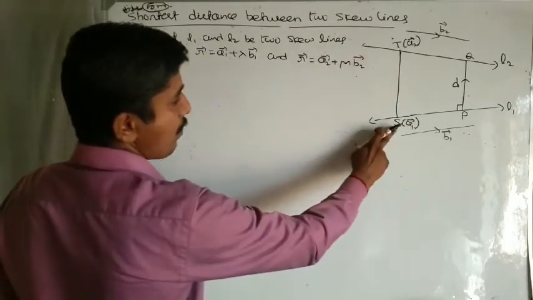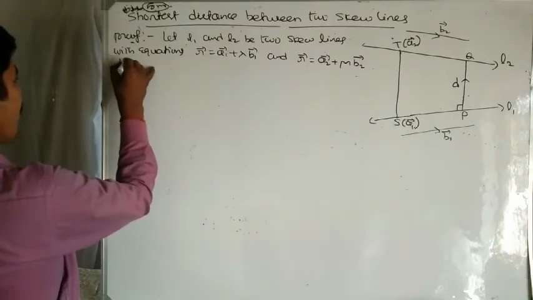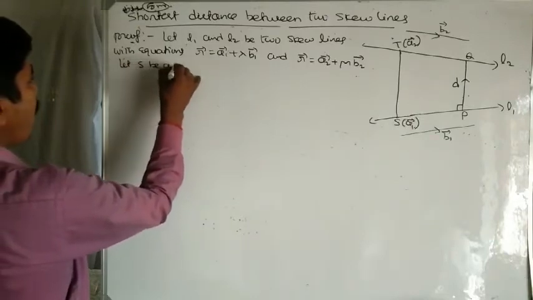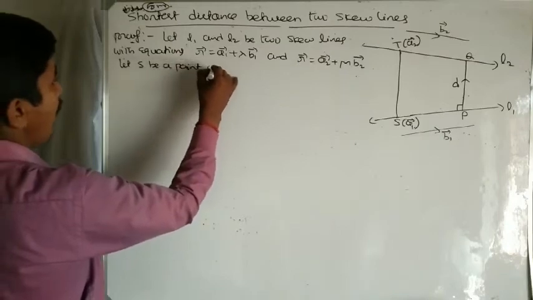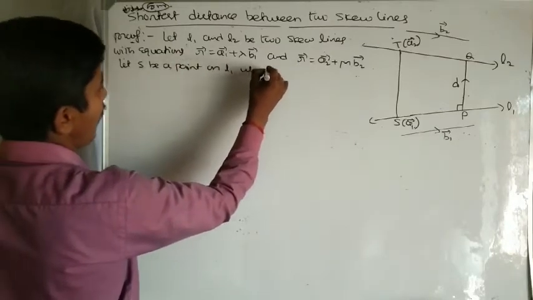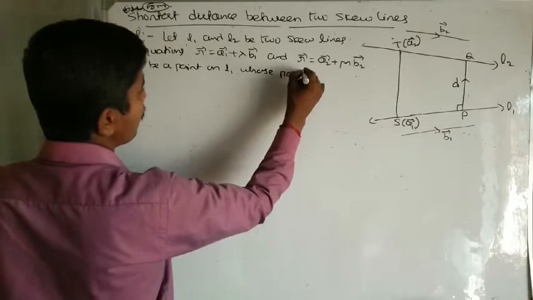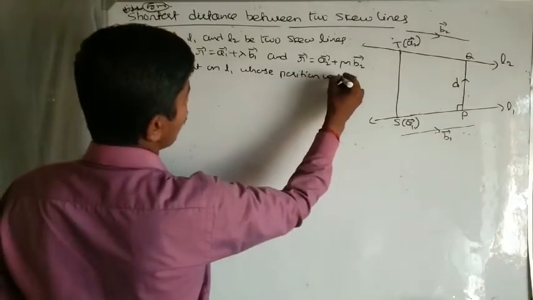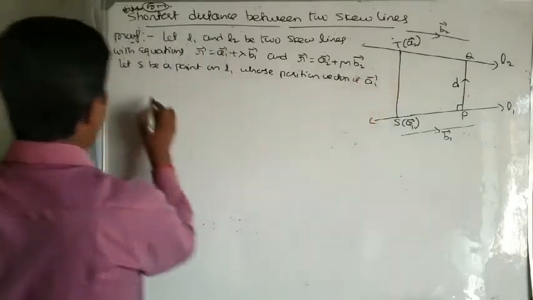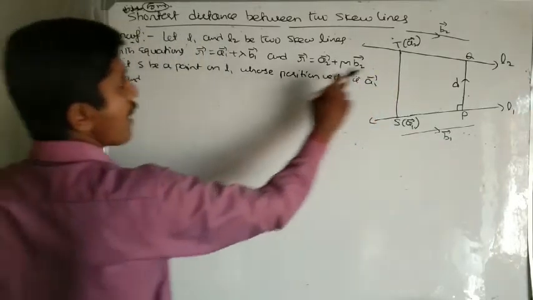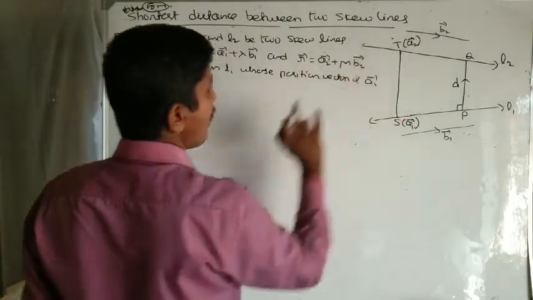Let S be a point on the line L1, whose position vector is vector A1, and T be a point on L2.